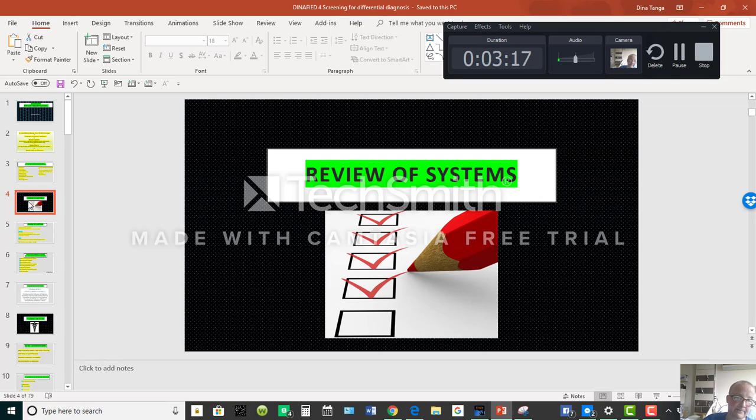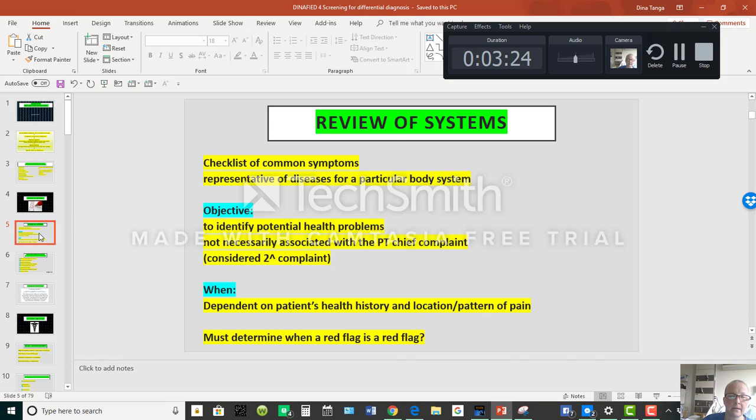Review of systems. The review of systems is a checklist of common symptoms representative of diseases for a particular body system.